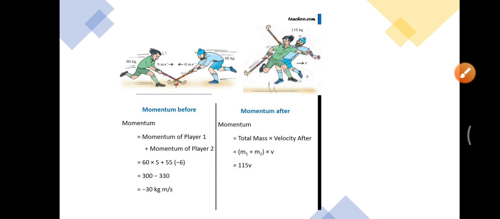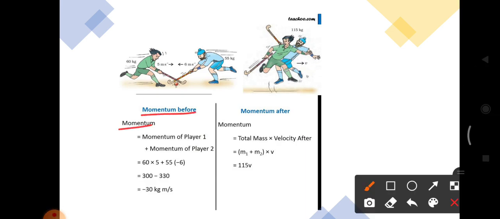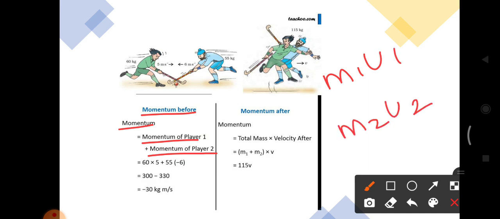Momentum before collision equals momentum of player 1 plus momentum of player 2. The momentum of player 1 is m1 u1, the momentum of player 2 is m2 u2. The value of m1 is 60, the value of u1 is 5. The value of m2 is 55, the value of u2 is minus 6.